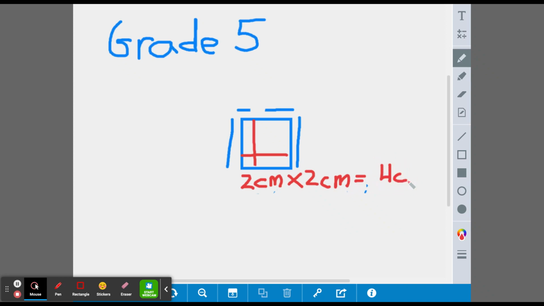Just like that. Students will learn how to compare the shapes, perimeter, and area, and learn terminology and how to represent the numbers.